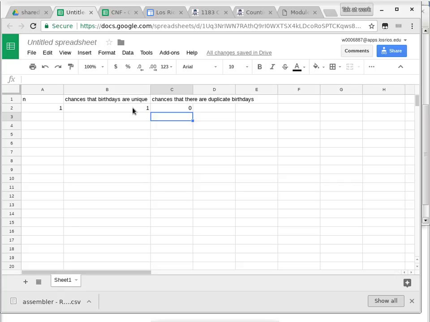Because we are looking at the relative ratio between the two, if the denominator is including duplicates, because 365 to the power of n means that the first person can choose any one of the 365 days, the second person can choose any one of the 365 days, so we are basically counting 1, 2 and 2, 1 as 2 different choices. So you have to do the same thing with the numerator so that it is calculating the right ratio between the two.